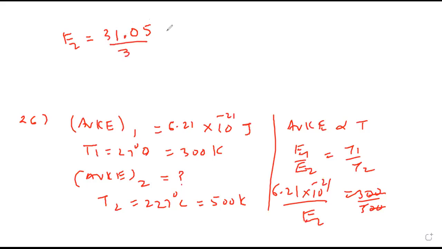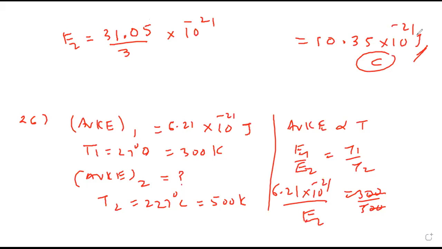So that will become 10.35, remember, 3 3s are 9, 3 5s are 15, into 10 raised to minus 21 joule. Options.